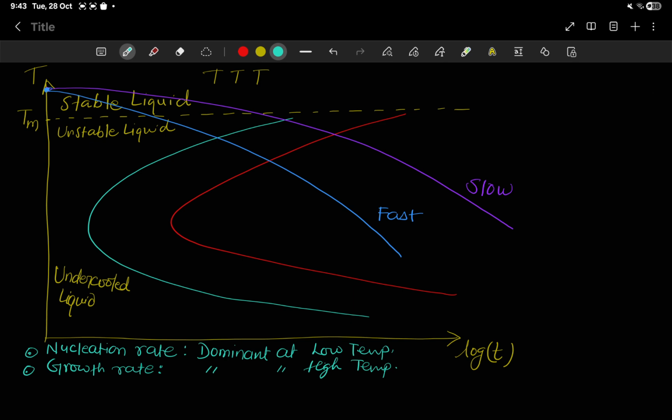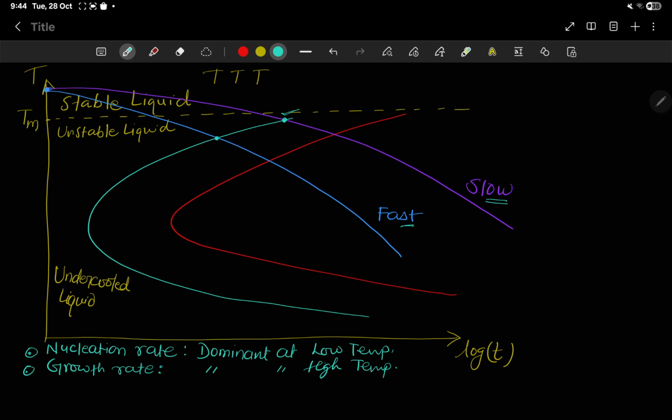So you can see here, in slow cooling, the start of transformation is happening at this temperature, and in fast cooling, the start of transformation is happening at this temperature. I think from these two points you can conclude that in slow cooling the temperature of start is higher, and in fast cooling the temperature of start of transformation is lower, right?